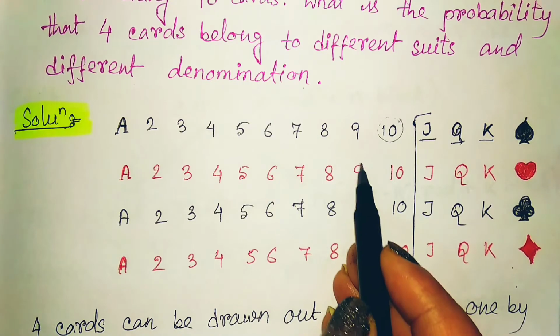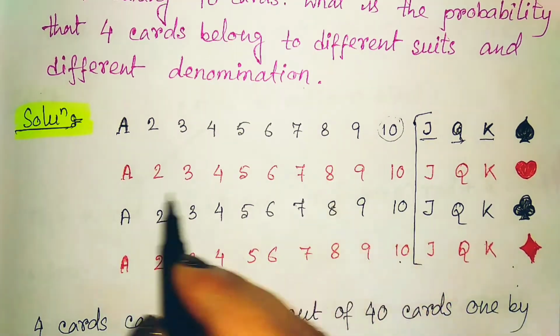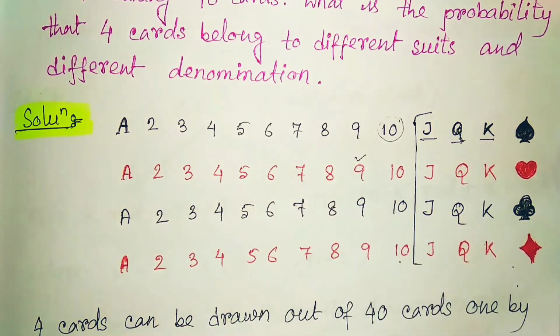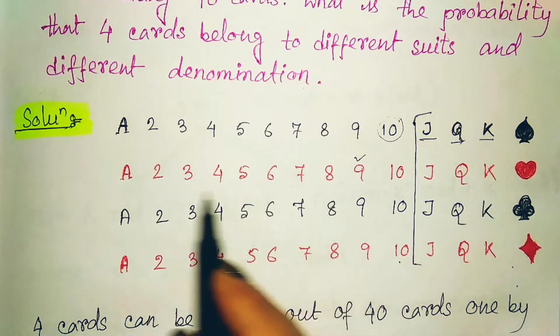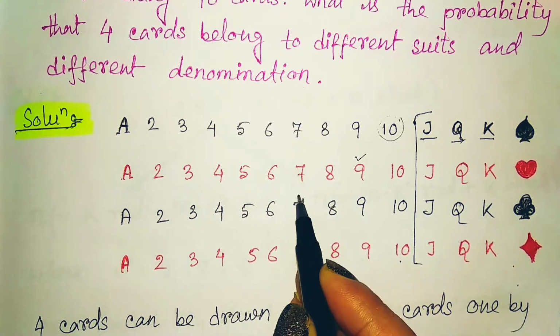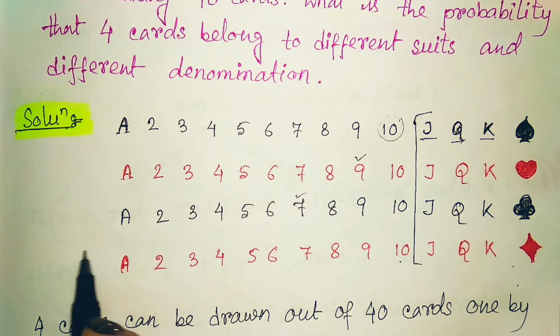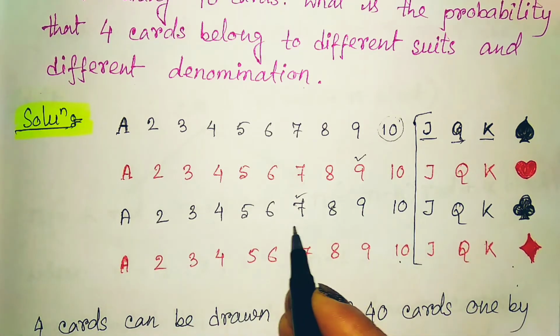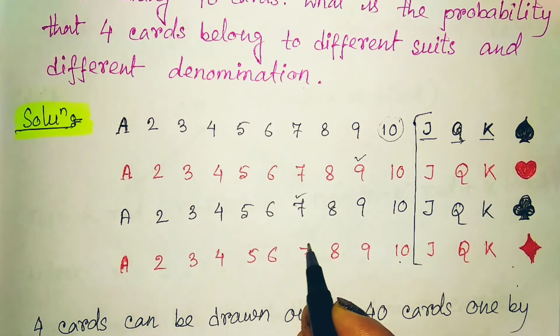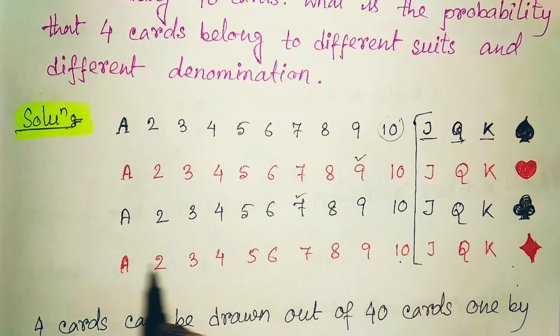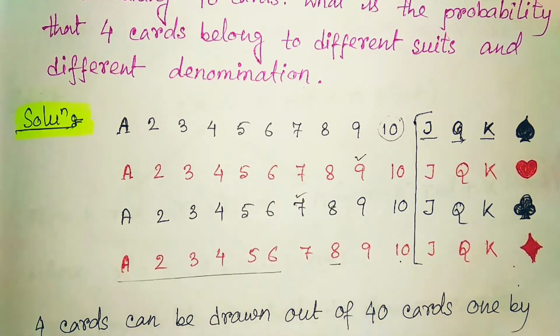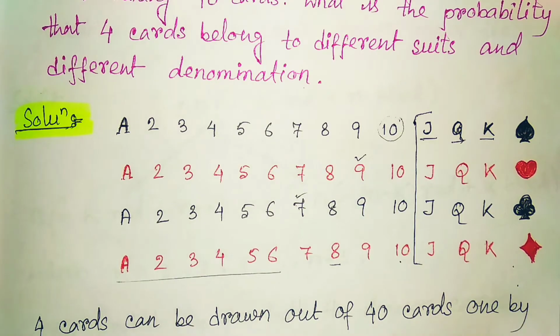We are supposed to select from the remaining. Now in the second denomination if we select this one, then we have to select from this remaining portion. If we select this one from the third type of card, then we just leave the remaining portion and we can select from this only. So in this way we have to select.